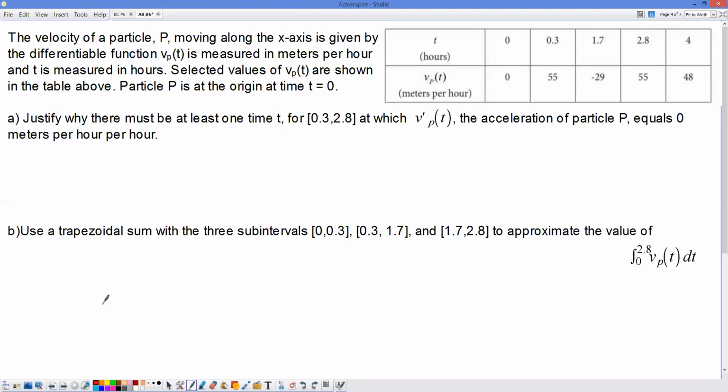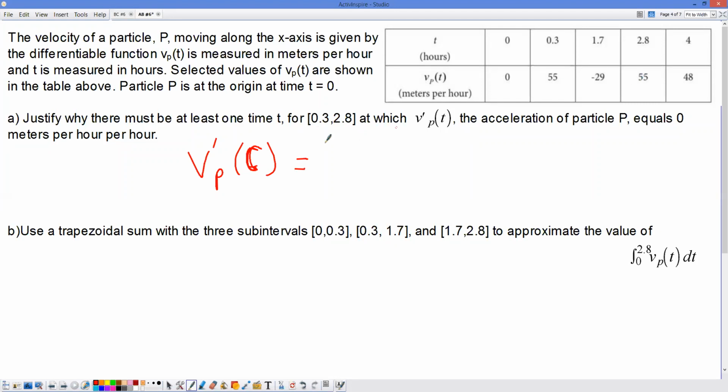So the mean value theorem says that if a function is continuous on the closed interval, which it is, because it says that this function is differentiable, and if a function is differentiable, that means that it's continuous. And then it also has to be differentiable on the open interval, which it says that it is. It's a differentiable function. Then there's at least some point where v sub p prime of c, some value along here, is equal to the average rate of change on this interval.